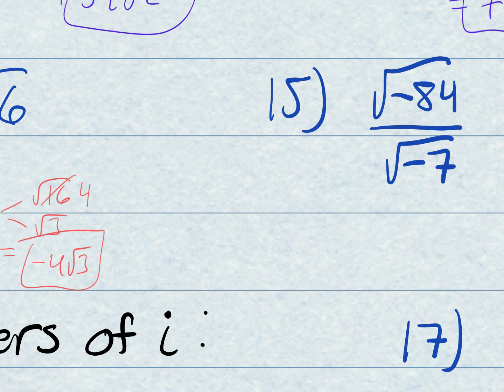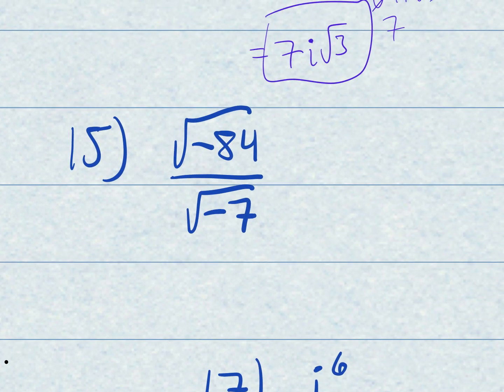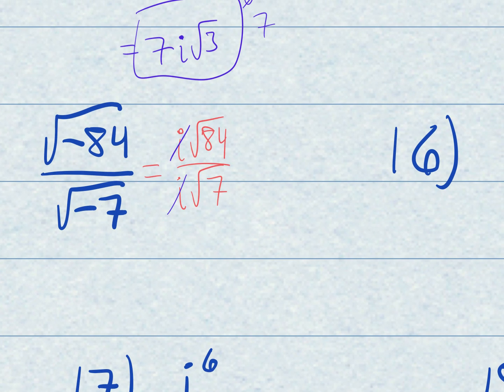All right. Same thing with dividing, we want to get rid of that negative first. So we get i square root of 84 over i square root of 7. This i and this i are going to cancel out. And then you're just left with the square root of 84 over square root of 7.